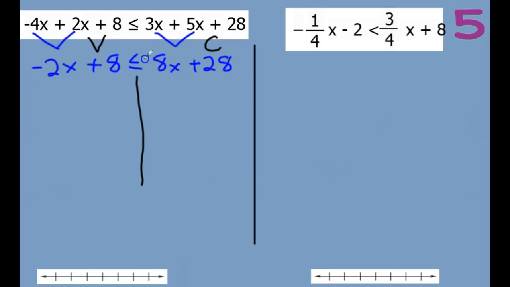So we need to get this 8x over here. How we do that is the opposite of plus, which is minus, and minus 8x over here. Negative 2x minus 8x is negative 10x.